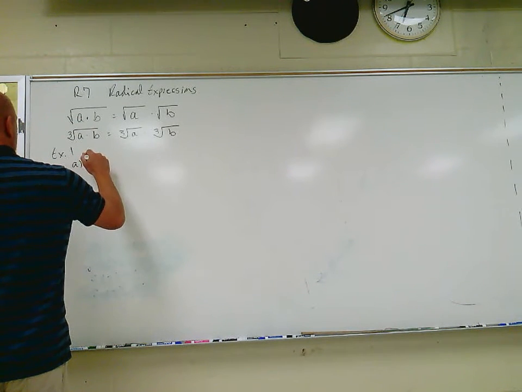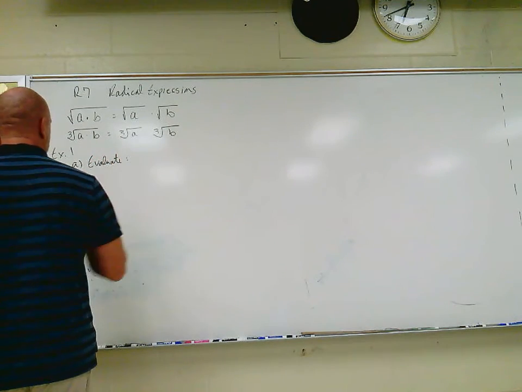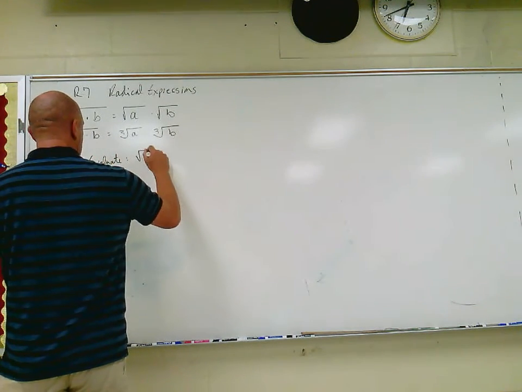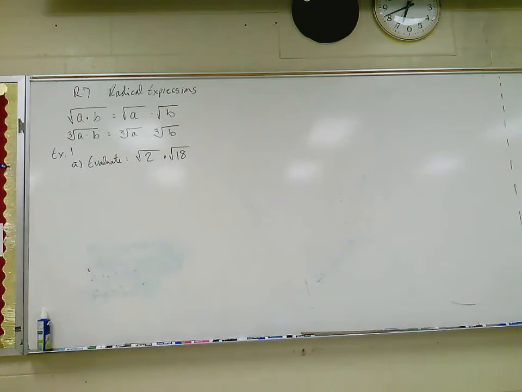For example 1, evaluate this completely. Let's say you have square root of 2 times square root of 18. So there's your expression. Again, the idea is to make this problem as simple as possible and try to work it without a calculator.